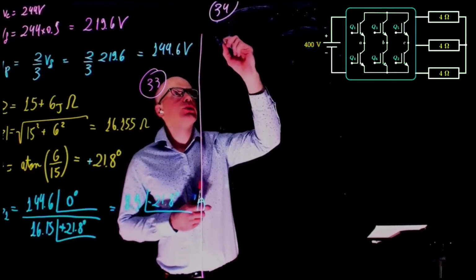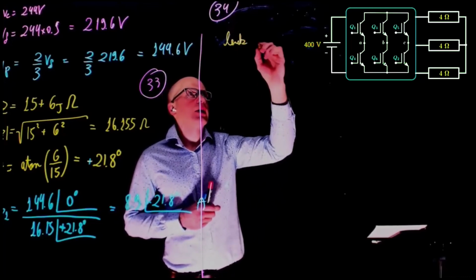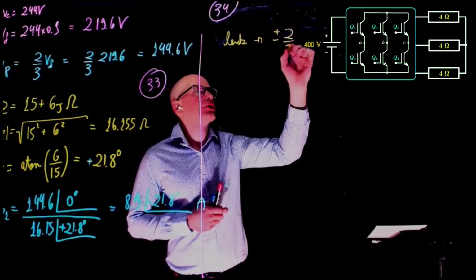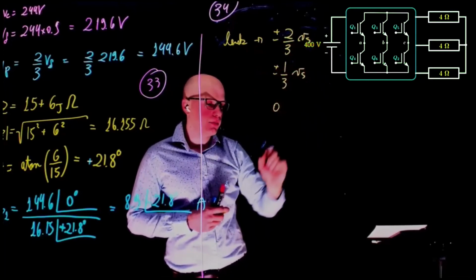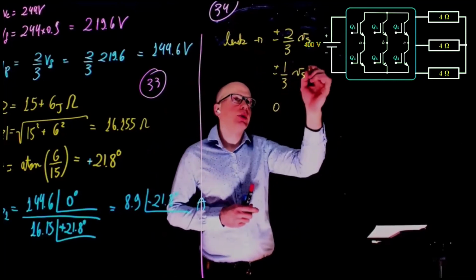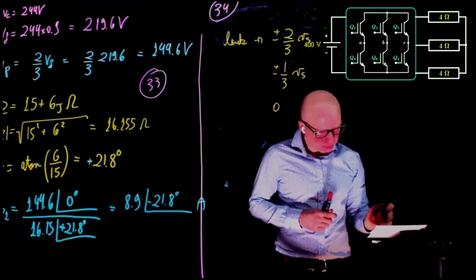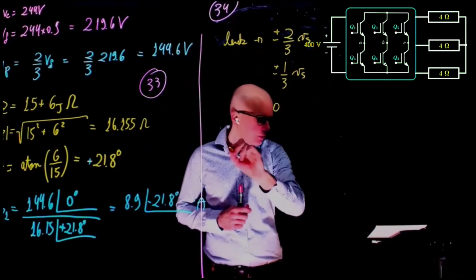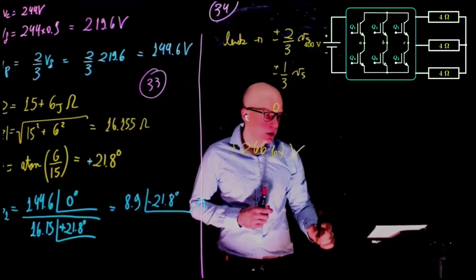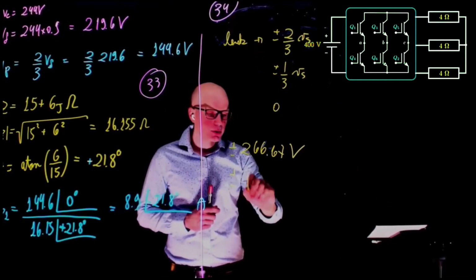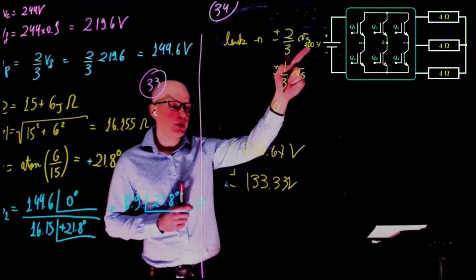We have the voltage levels as plus minus 2/3 of Vs, plus minus 1/3 of Vs, and 0. So plus minus 2/3 is going to give us plus minus 266.67 volts, and plus minus 1/3 is plus minus 133.33 volts from 400 volts there.